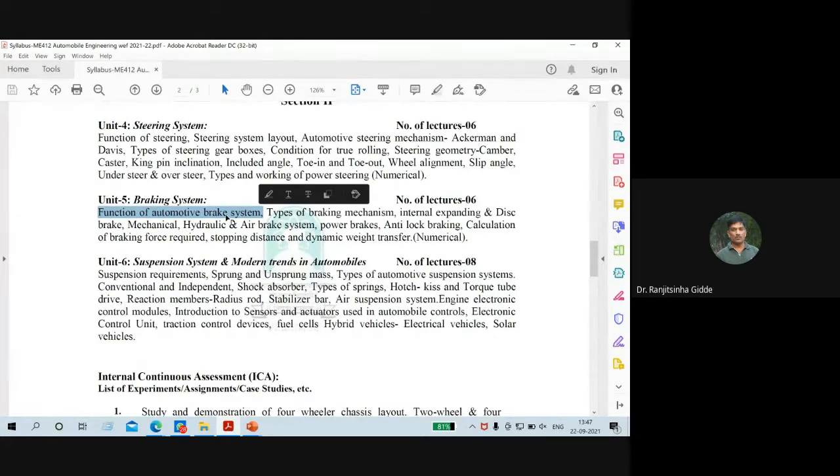For the bikes, disc brakes are provided on both the wheels, front as well as rear, or on some bikes only at the front. Similar is the case for the four wheeler. Disc brakes are provided at the front, and at the rear wheels there are drum brakes.